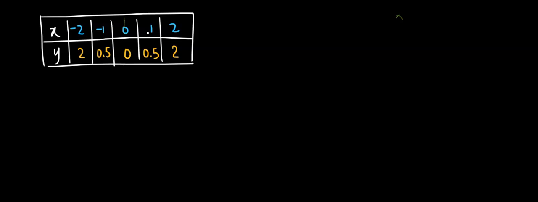Okay, before we do that, we need to look at the increments of successive x values. -2 to -1, add 1. -1 to 0, add 1. 0 to 1, add 1. 1 to 2, add 1. Check, check.